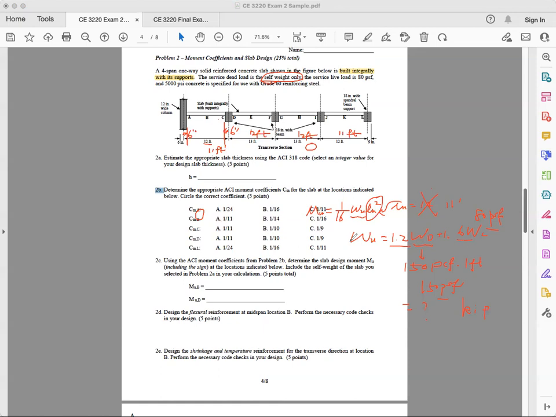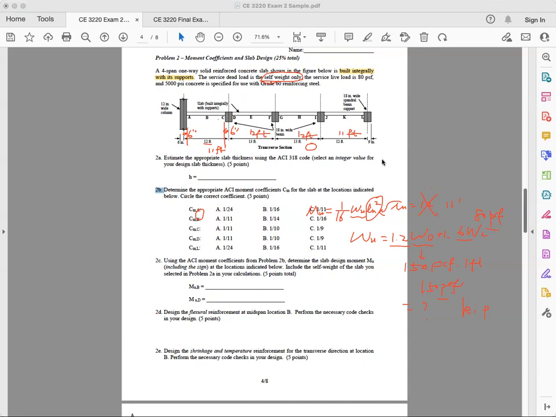So let's just say, I again mix things up, okay? Let me do a quick calculation and try to get close, right? So on the calculator, I have 1.2 multiplied by 150 plus 1.6 multiplied by 80, I have 308. So 0.308 and multiply by 11 feet squared.